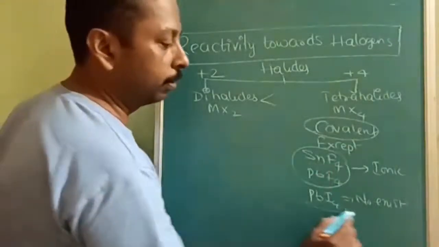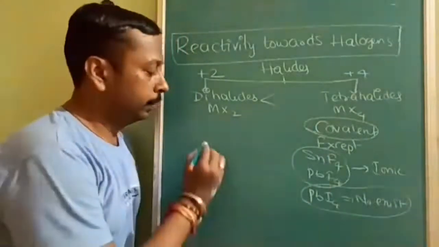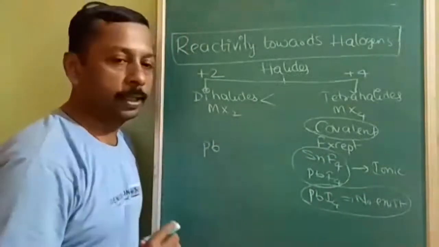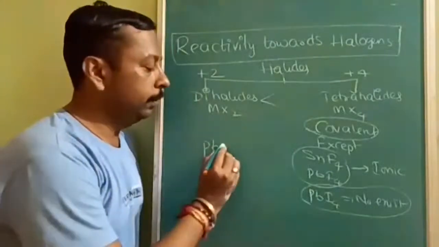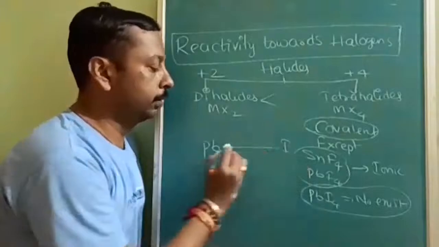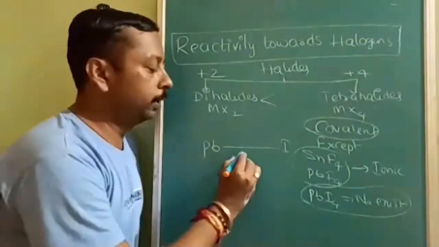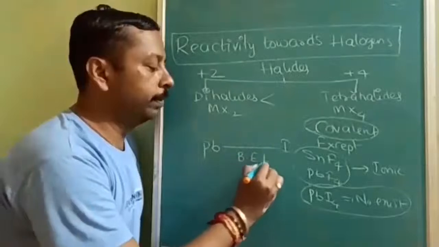Now coming to the reason why PbI4 does not exist. See, lead itself is big in size, and iodine also is big in size. The bond length is large, so bond energy will be less.